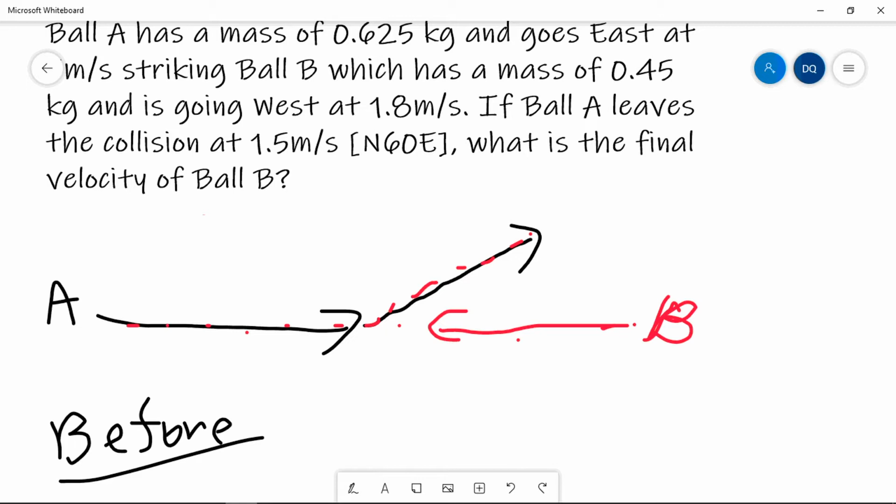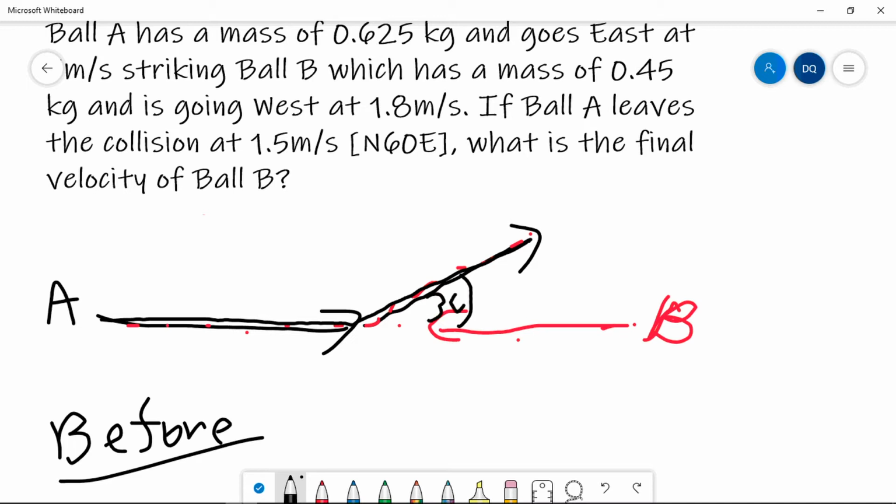So if you start at where I've got the A here, you can see that after the collision, it's angled upwards. That's north 60 degrees east. It's actually 30 degrees north of east. So we state north and south first, and then east and west second. So we call that north 60 degrees east.